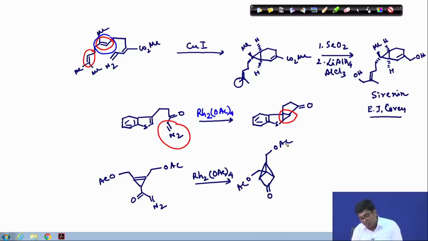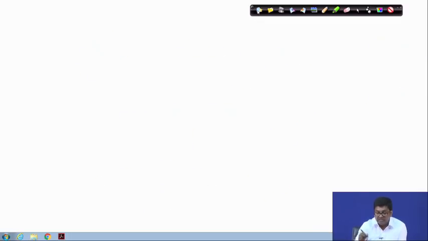Okay. So, this is the transition metal based metallocarbene added to olefins, and that gives different types of cyclopropane rings. Next we will see other different types of addition reactions using various carbenes.